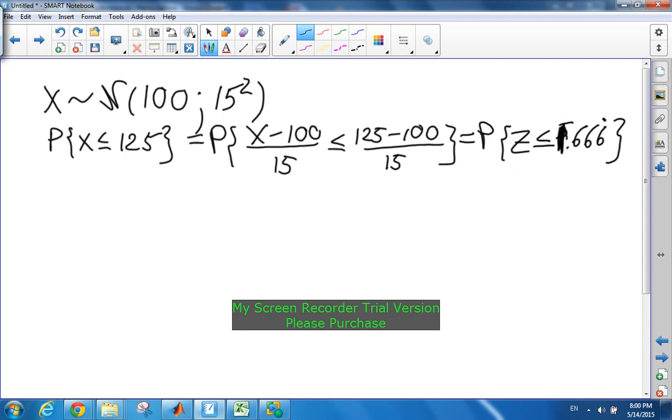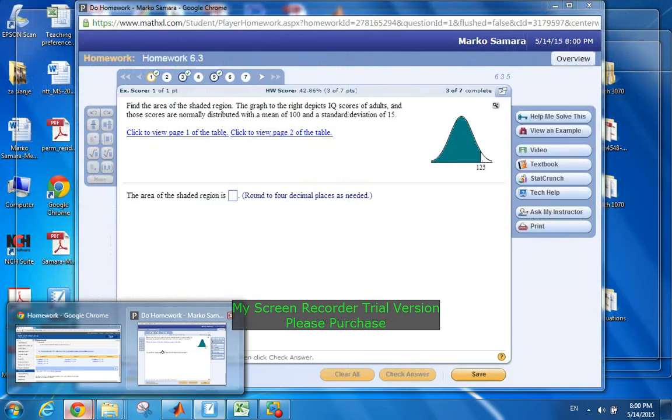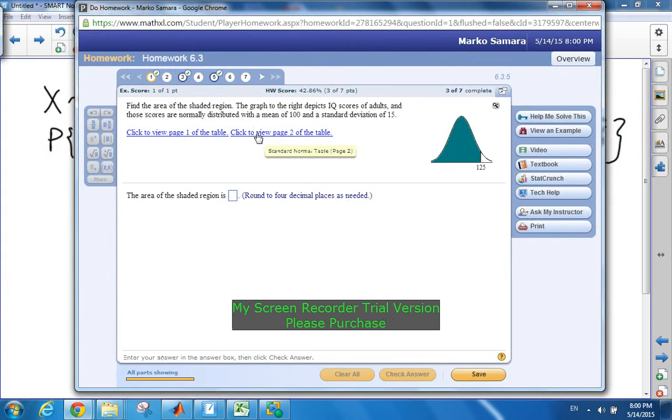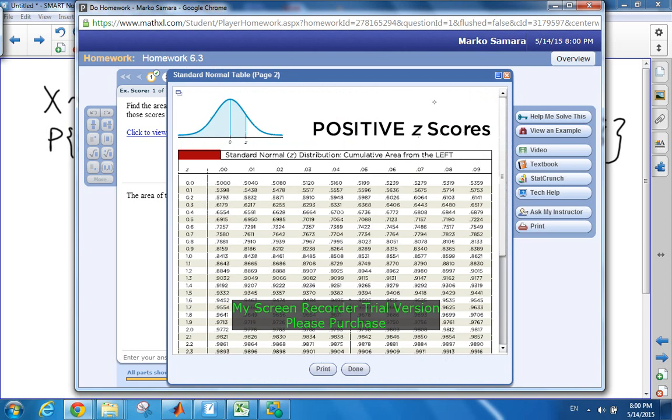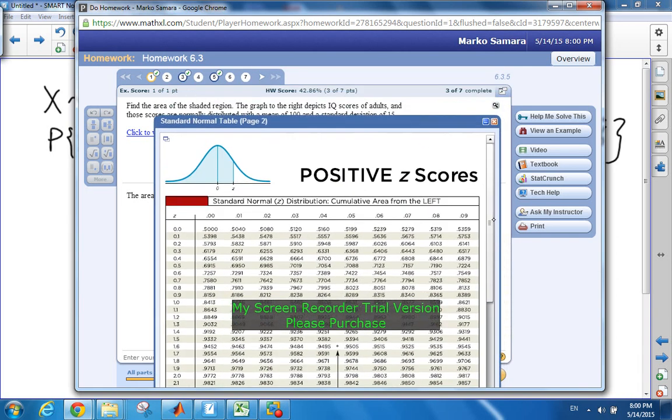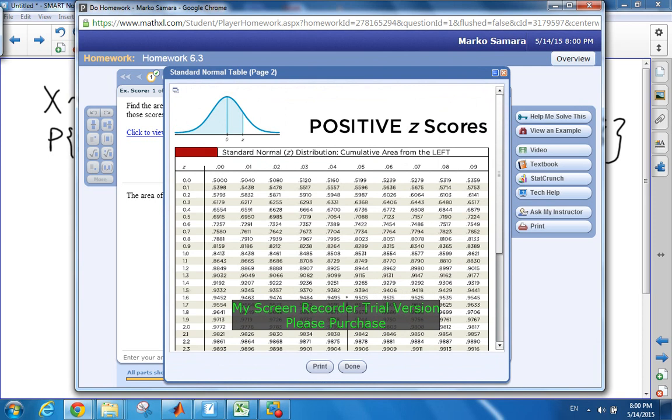Okay, so this is a little bit tricky to find using just the z table, but you can use it. On page 2 for positive z-scores, it's actually not 1.66, it's almost in between 1.66 and 1.67. The 1.66 value is this one, 0.9515, and 1.67 is this one, and it's actually a little bit closer to 1.67.